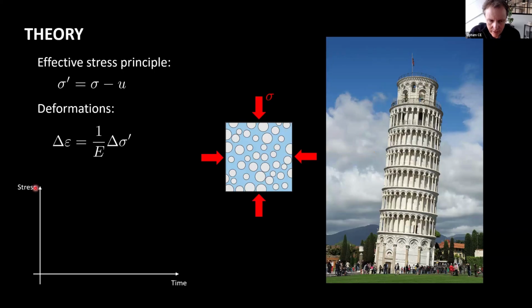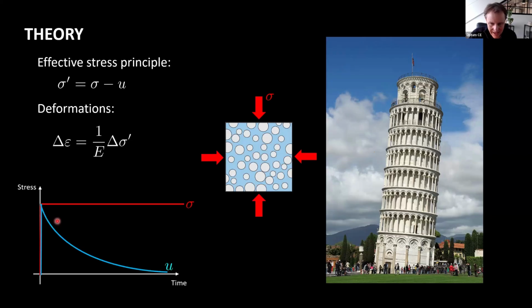So you can have a stress axis up here and the time axis here. The first quantity you plot is the total stress. You apply the total stress and then it remains constant. Then if you measure at the middle of the sample, you will see that the pore pressure, as soon as you apply the external stress, also shoots up to the same level.